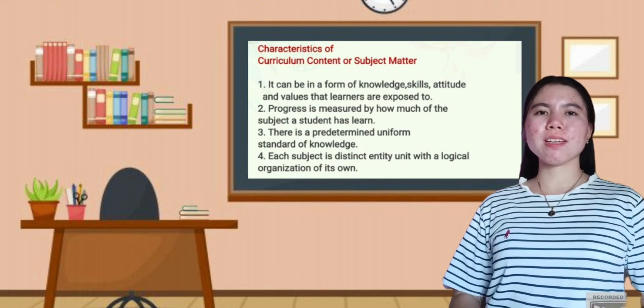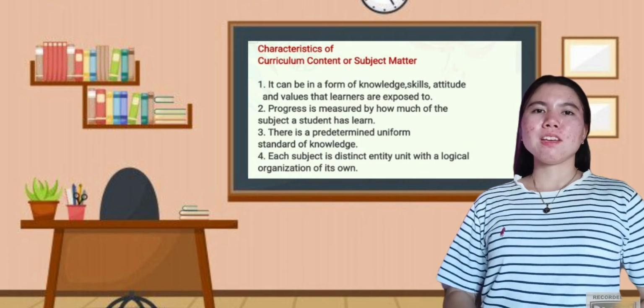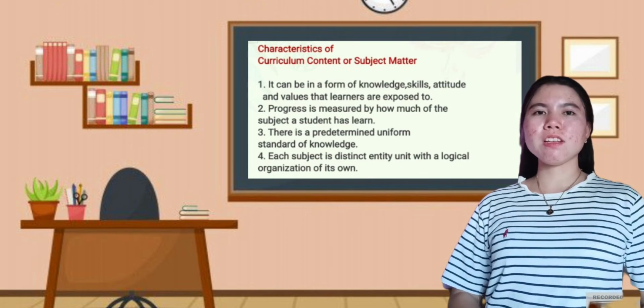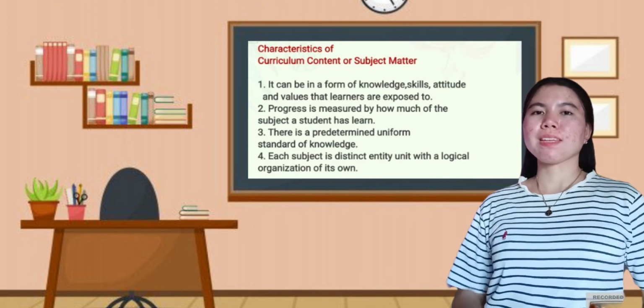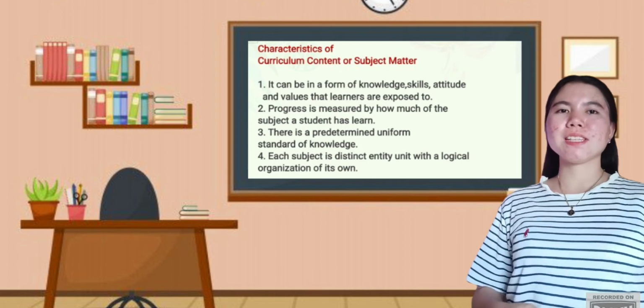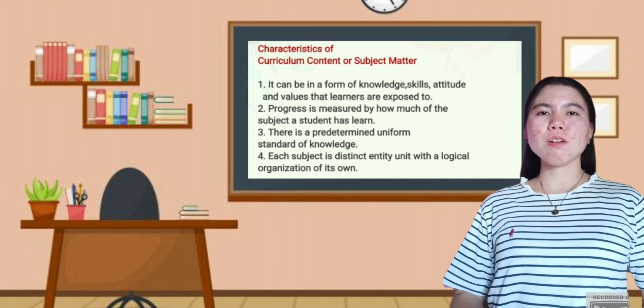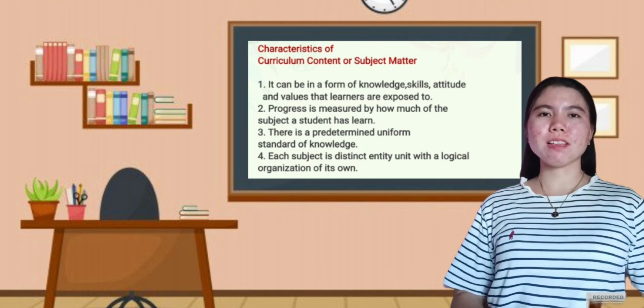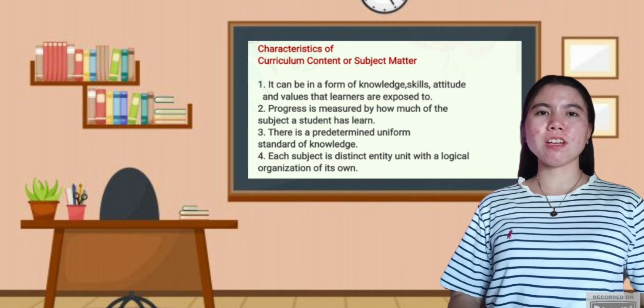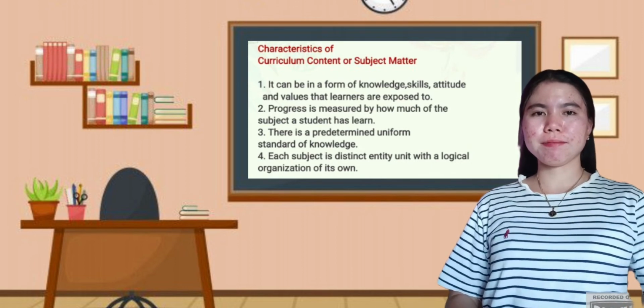Each subject is a distinct entity, unit with a logical organization of its own. These following characteristics of second component is to help student to develop an engaged relationship with the content. Okay, all the group 2 got the correct answer.